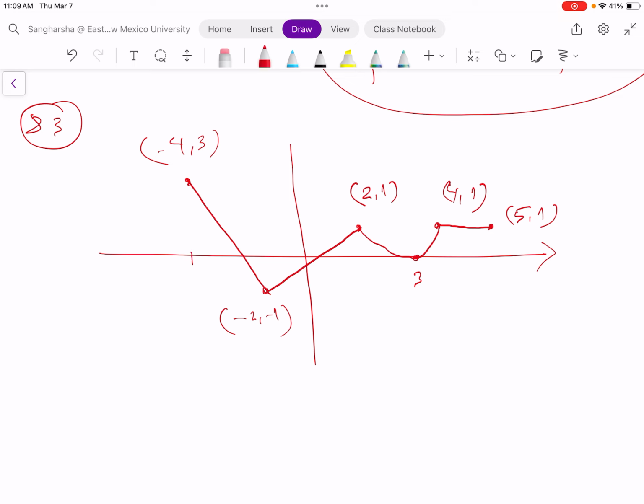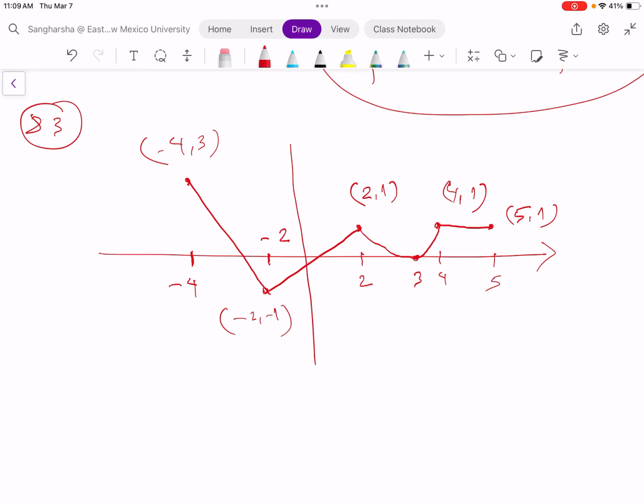Negative 4. Whenever we are writing the interval, we are using the x values, not the y. This is negative 2, this is positive 2, this is 3, this is 4, and this is 5.